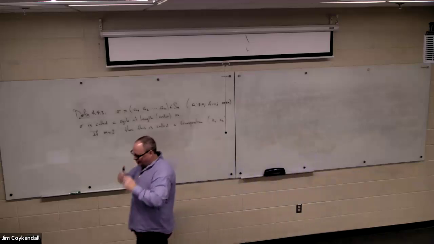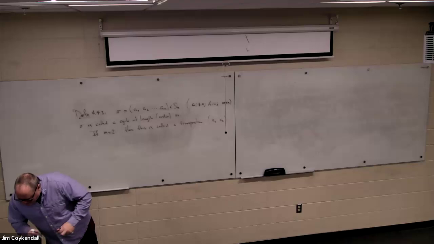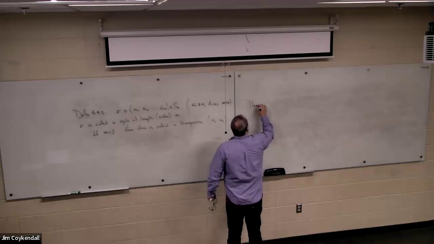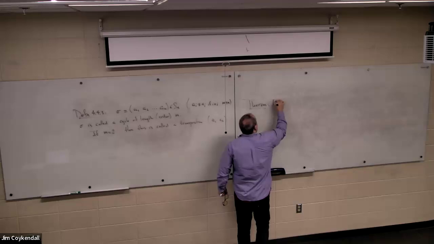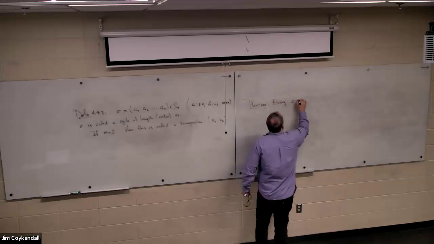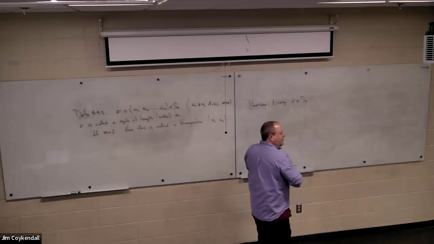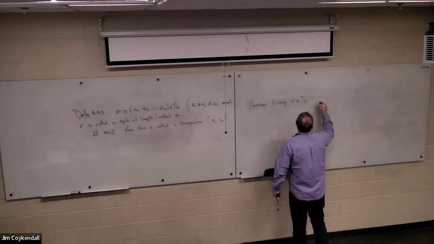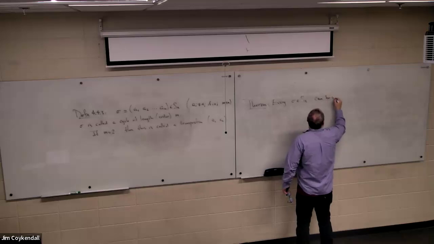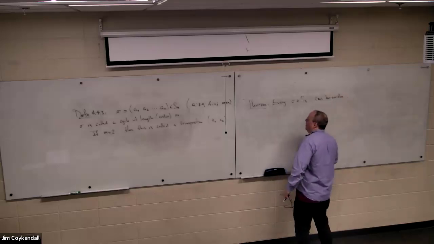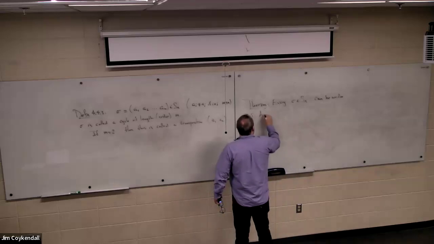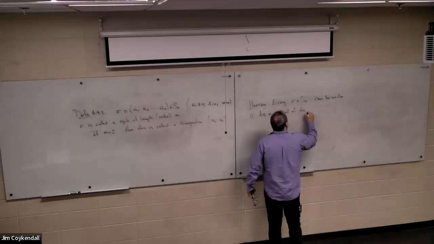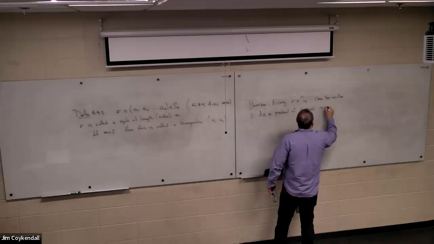There's a theorem to this nature. Theorem: every element sigma of S_n can be written as one, a product of disjoint cycles.